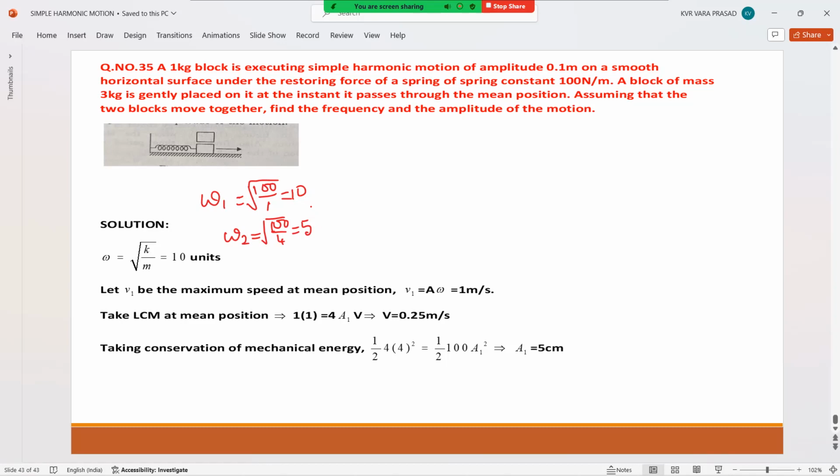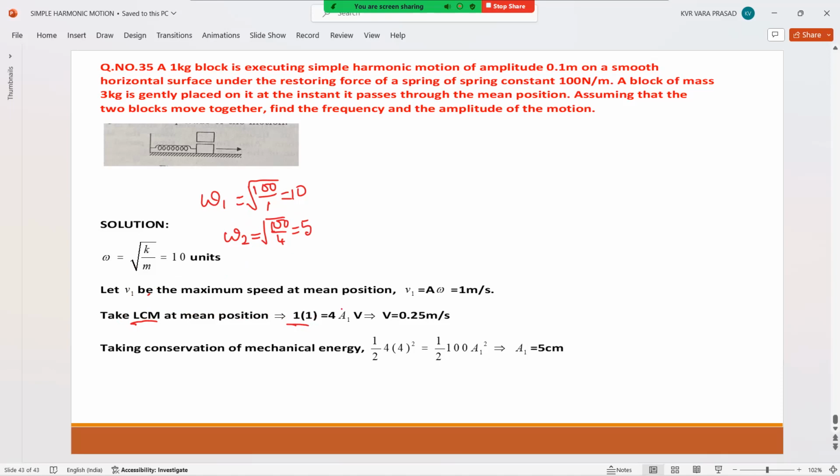Now we have to calculate what is amplitude of motion. To find this, first take momentum equation at mean position. So here we have taken LCM. LCM means law of conservation of momentum. You can see here just before placing 3 kg block, momentum of the system 1 into 1.